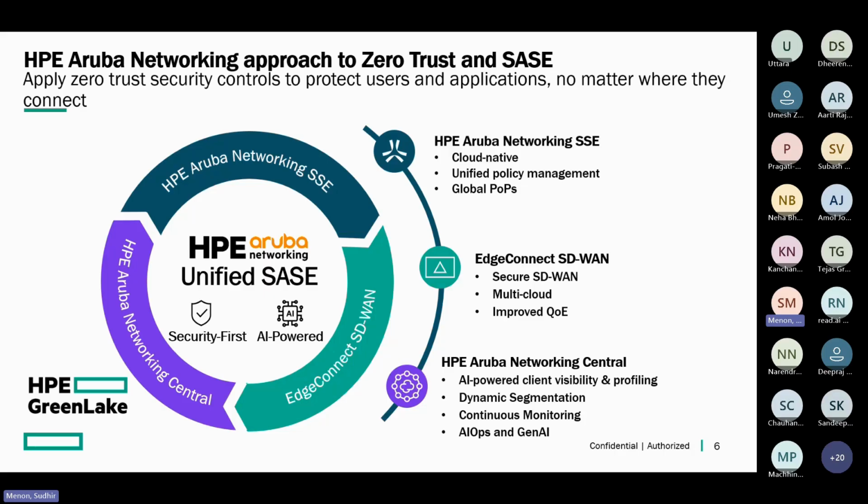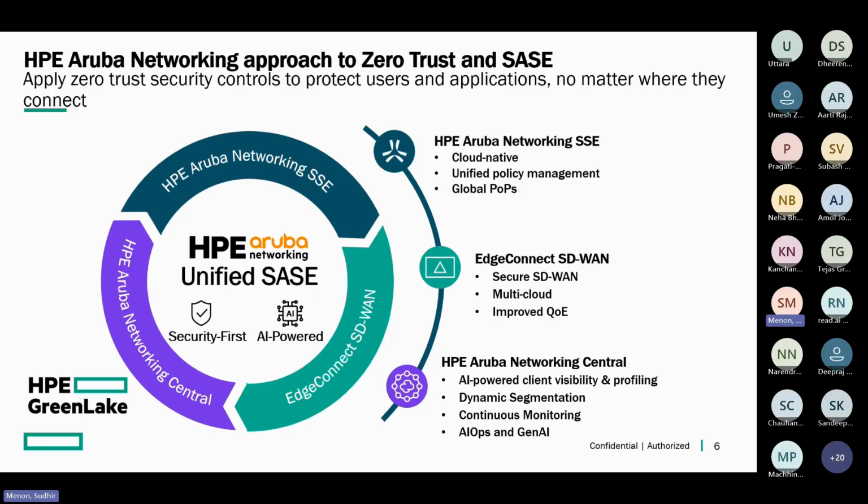Not to mention the Aruba Networking Central. In whichever presentation of Aruba that you see, you'll always find a mention of Central, which has been our AI-powered visibility engine, one of the industry's largest repositories gathering data and using deep learning techniques.